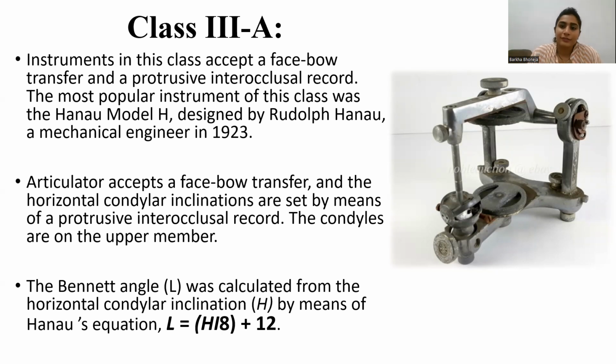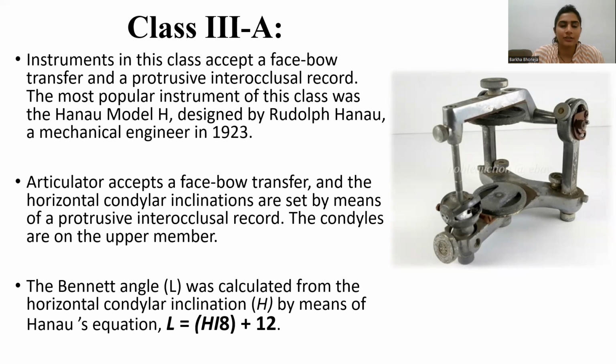The articulator accepts a facebow transfer. The most important point is that it accepts the facebow transfer, whereas class 1 and class 2 were not accepting a facebow transfer. And the horizontal condylar inclinations are set by a protrusive interocclusal record. Read the line carefully: the horizontal condylar inclination, that is your protrusive record, can be adjusted into the articulator.